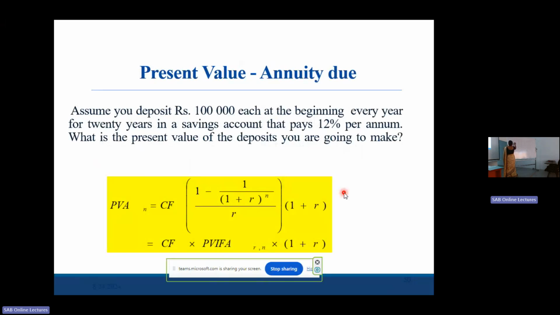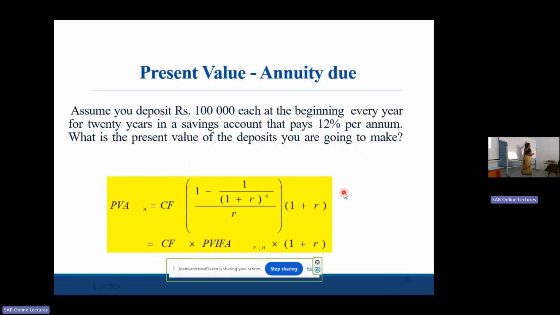So this is 1000 over 1.1 to the power 1, this is 1000 over 1.1 to the power 2, and here, end of year 3, discount back for 3 years. Here this is the annuity due, received at the beginning of year 1, so no need to discount. The 1000 you can take as it is.